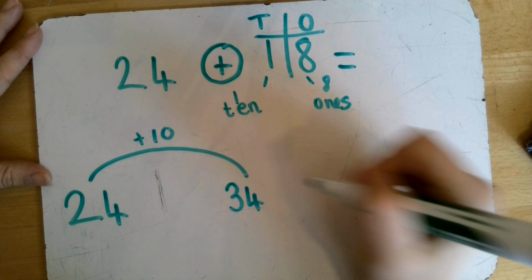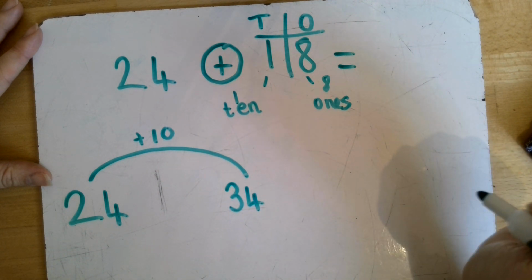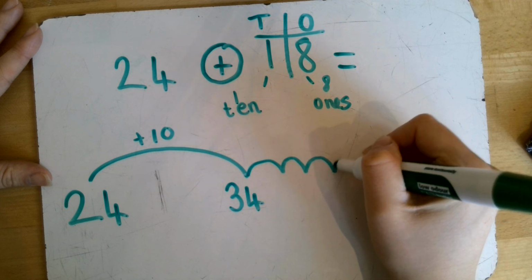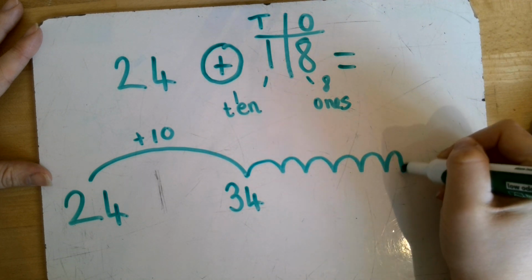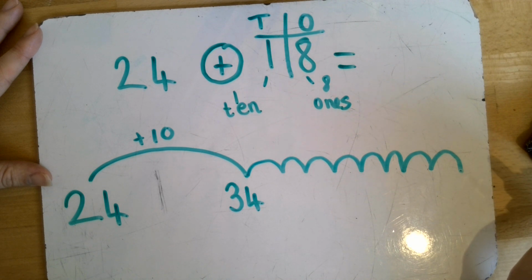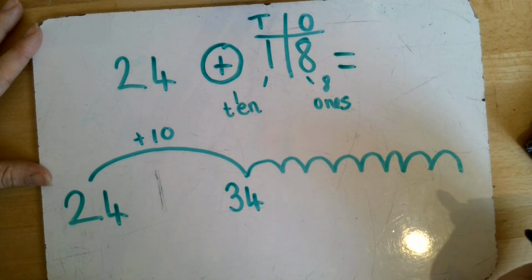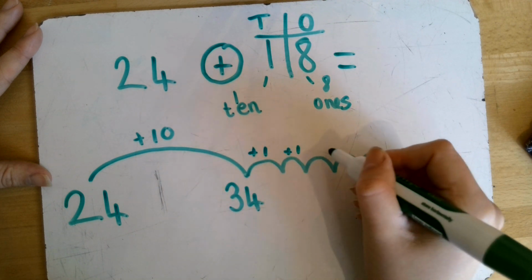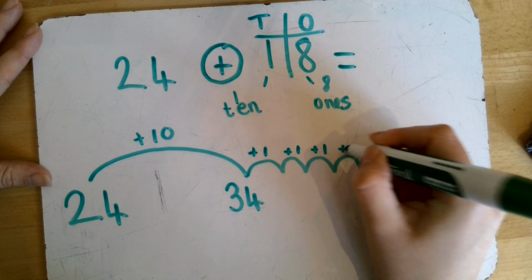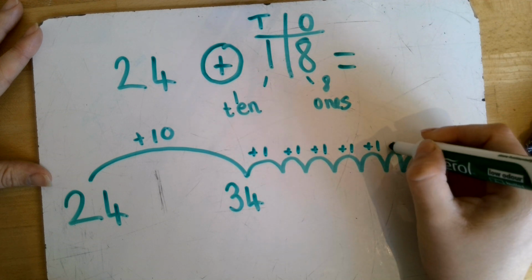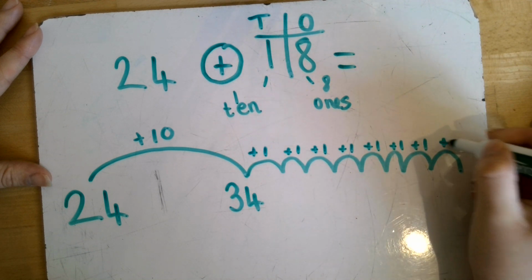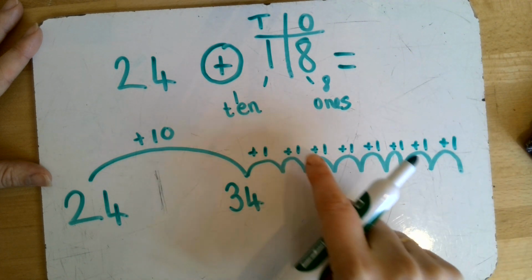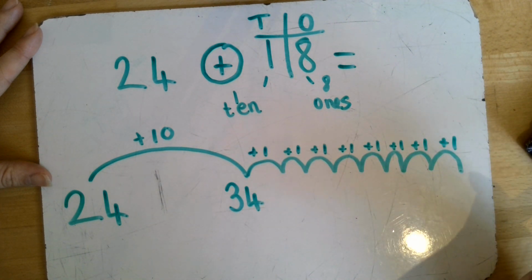So, now I'm going to do little jumps which will represent ones. 1, 2, 3, 4, 5, 6, 7, 8. And I'm going to label those jumps and double check that I've added the right amount. This time my number is getting bigger by 1 every time because I am adding ones.